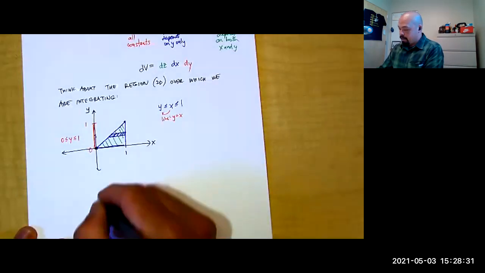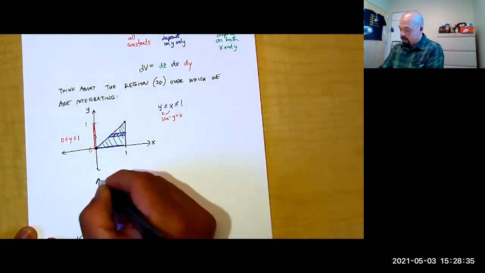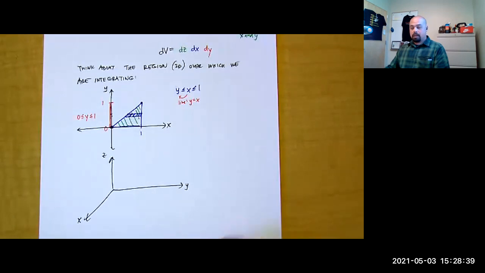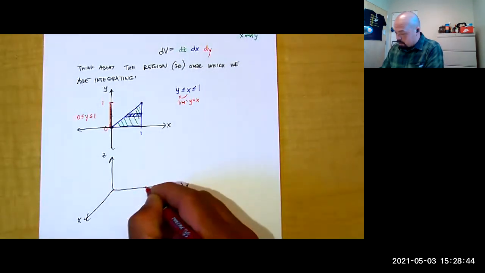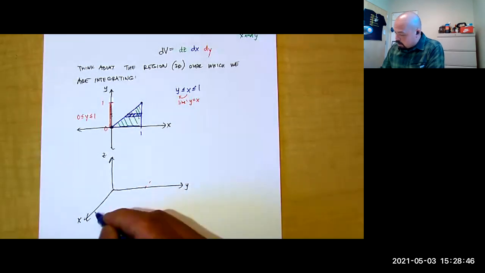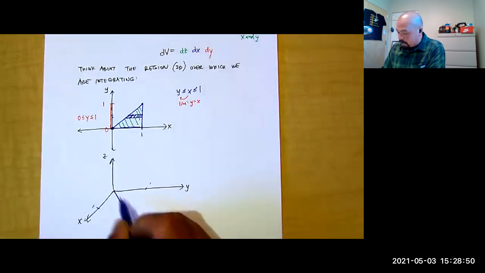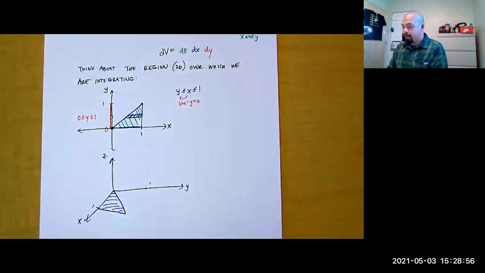And then, taking a second here. Okay. Y is going from 0 to 1. We have that line, y equals x, to 1. So again, we're talking about this space.